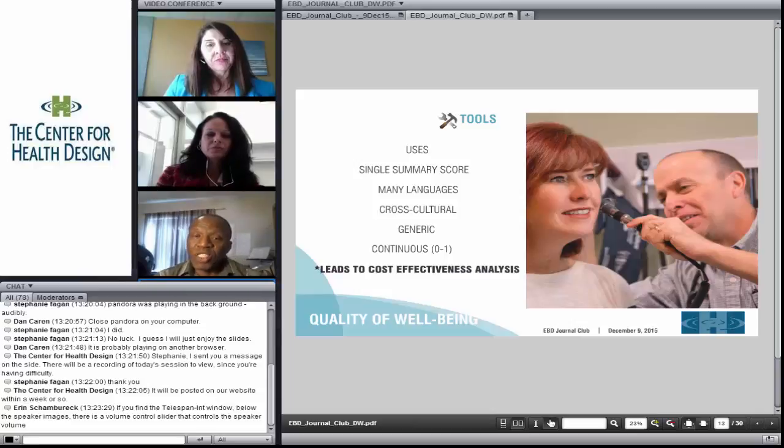And it's generic in that it can be used across many different health conditions or diseases, and it produces a single summary score from 0 for dead or an equivalent state to 1 for perfect health. On average, working people usually score about 0.8.